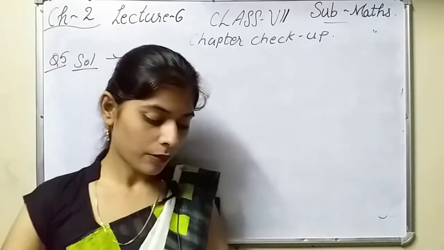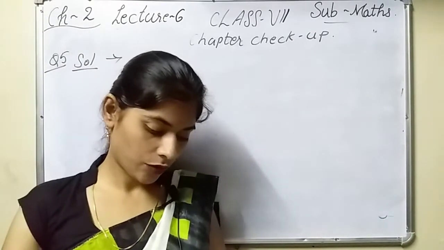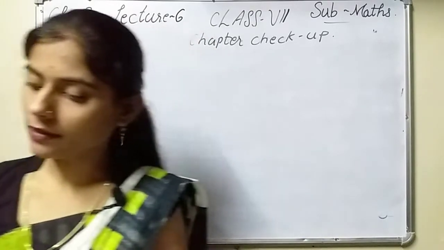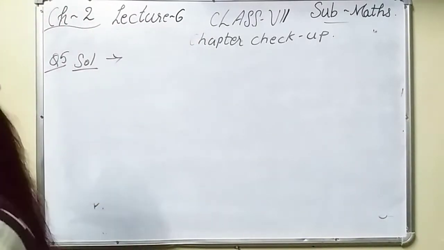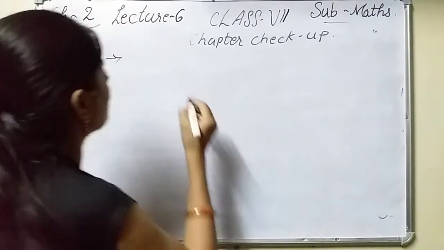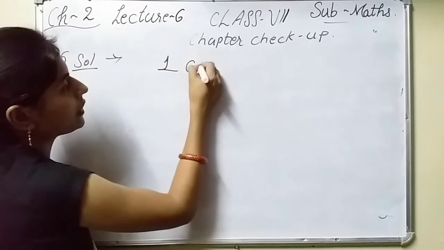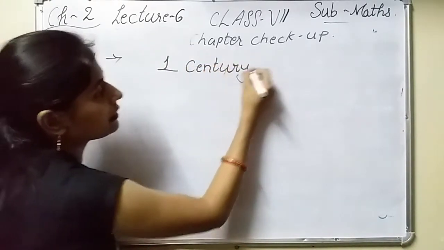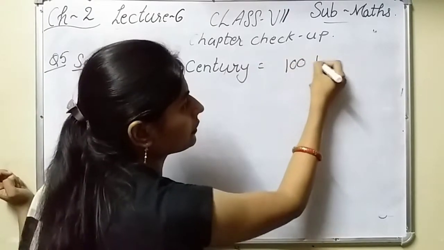See, how many months are there in 2 by 5 of a century? Okay, how many months are there in 2 by 5 of a century? See, first of all you have to see here in 1 century, how many years are there? 100 years.